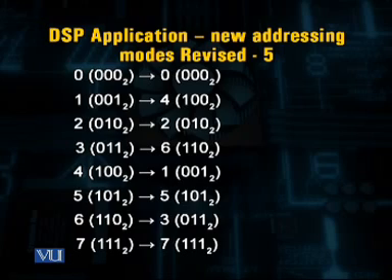For example, if we consider the second line where the original value is 1, which has a binary equivalent value of 001, it is transformed to a decimal equivalent value of 4, having the binary equivalent value 100. So this shows that the value of 1 has been reversed in binary.